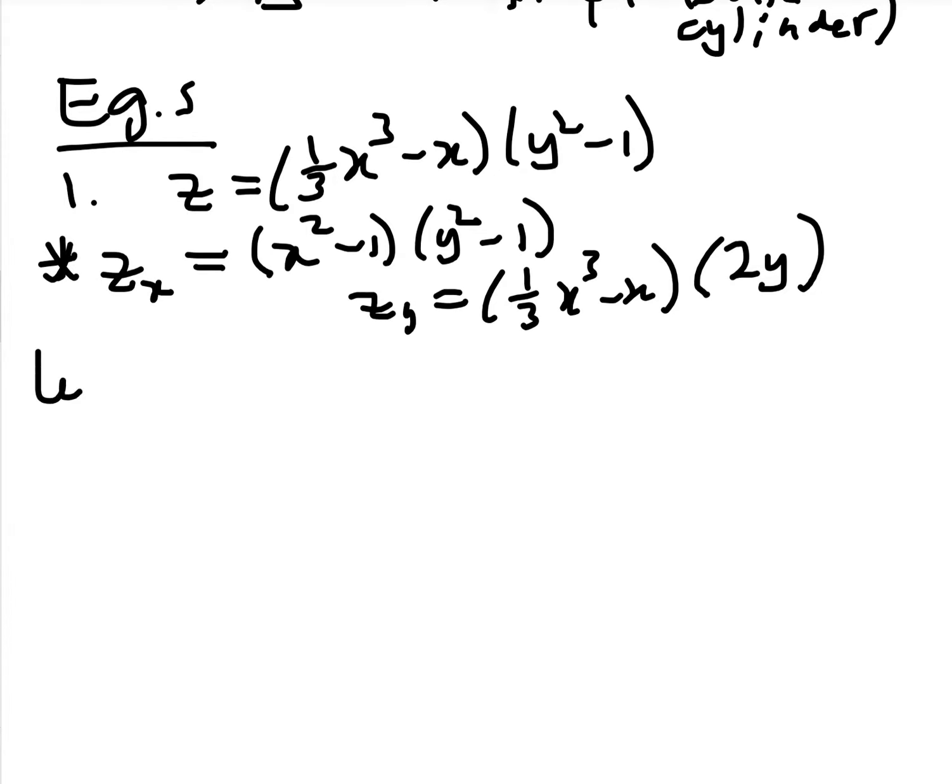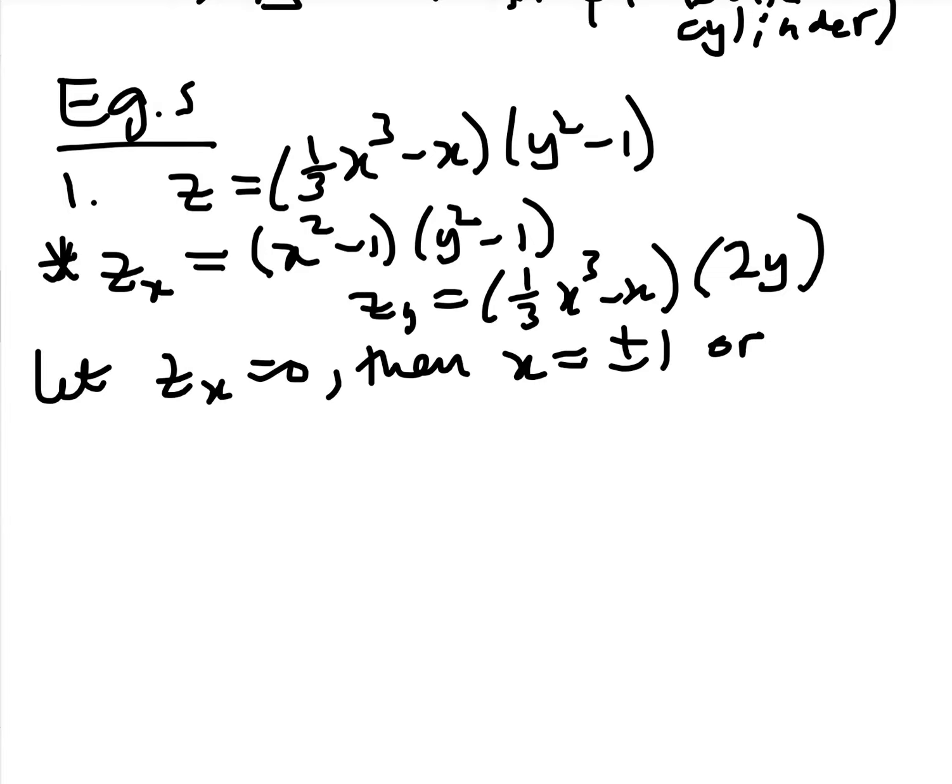Right, so if we let zx equal to 0, it's clear that we have the following possibilities. Then we get x equal to plus or minus 1, or, coming from the second bracket, y equal to plus or minus 1.